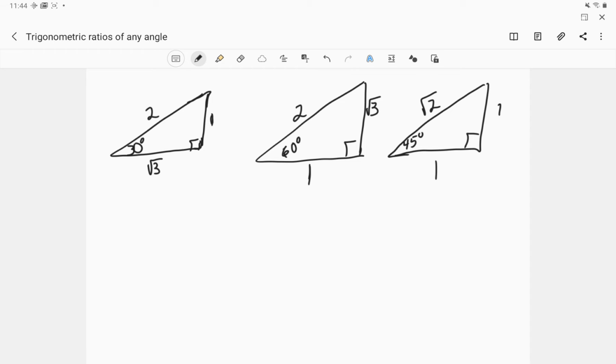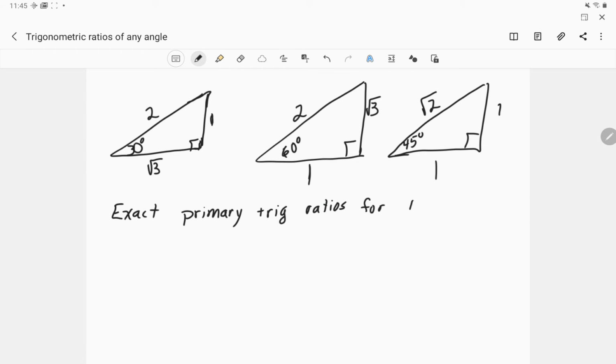Because in example 2, they say find the exact, meaning no rounding off, meaning there will be radicals in your answer. Find the exact primary trig ratios for 120 degrees, and we'll talk about what that word means in a minute.